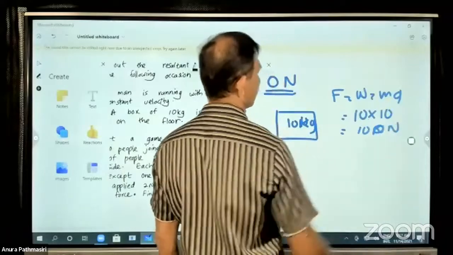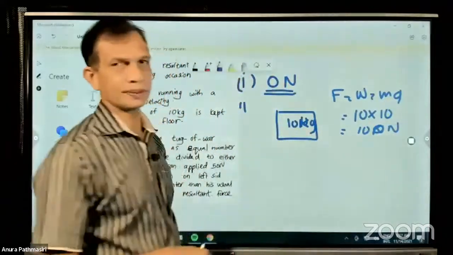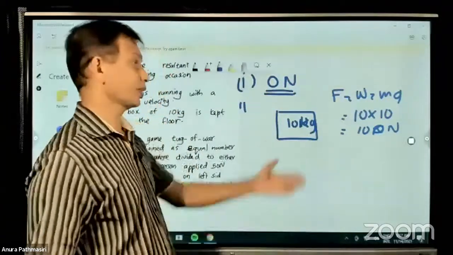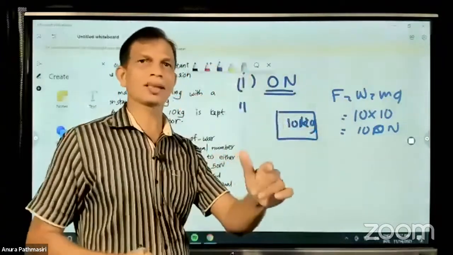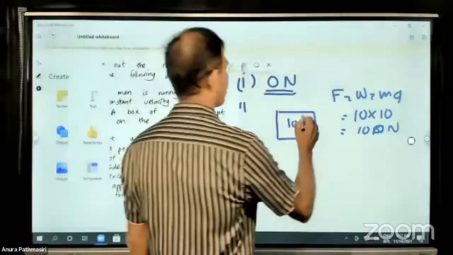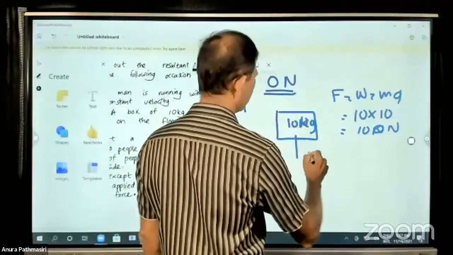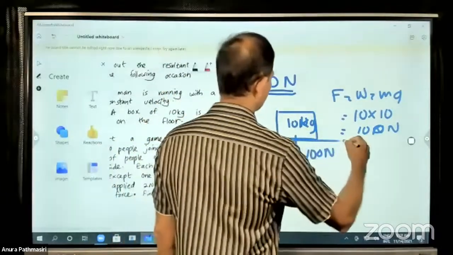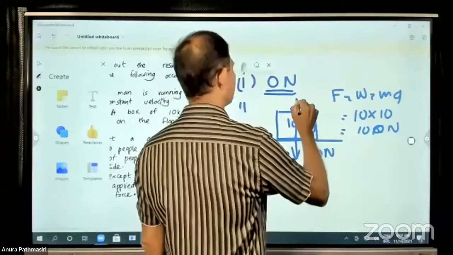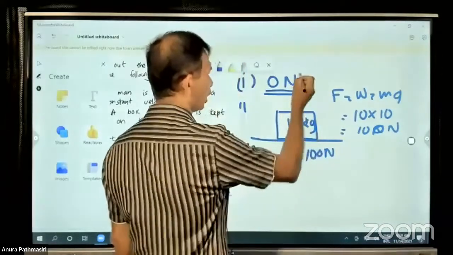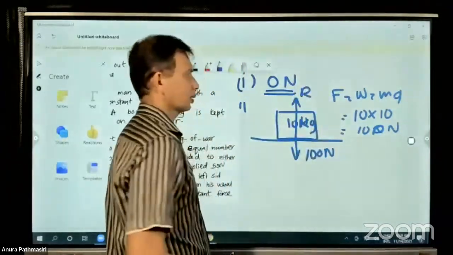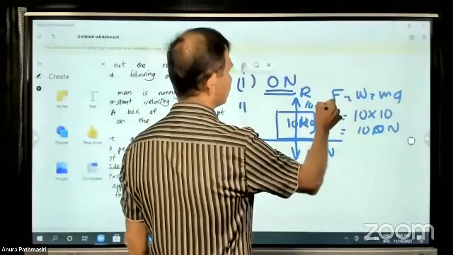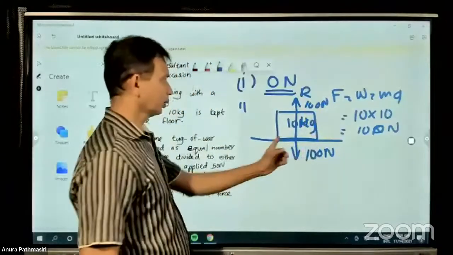100 Newton. අර මම ඉස්සෙල්ලා කිව්වා වගේ Newton's first law of motion: until an unbalanced force is applied, the stationary object remains stationary. මෙයා පහළට 100 Newton apply කරනවා. හැබැයි floor එක ඊට සමාන force එකක් R, normal reactive force, upward apply කරනවා. ඒක 100 Newton වලට සමානයි.